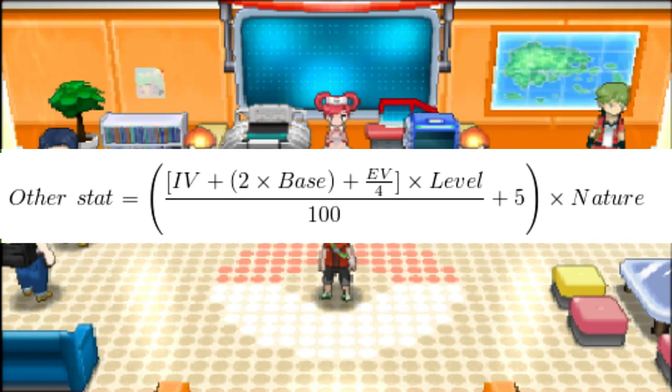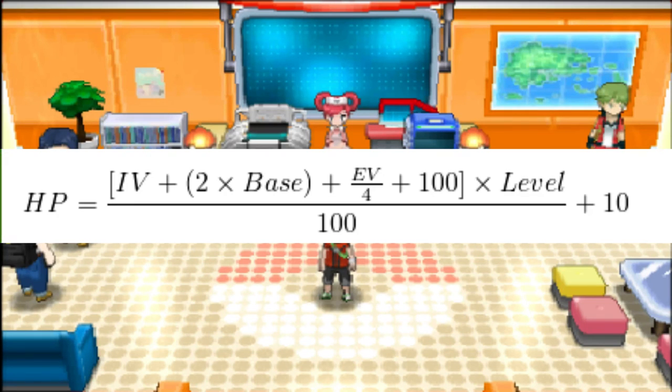So now, this equation is for, as I mentioned, the attack, defense, special defense, speed. The HP stat is a little bit different. I have that here as well. As you can see, it's very similar. There is a small difference. The parentheses are gone, and you don't see the nature. That's because, as we showed in the natures table before, there are no natures that affect HP.